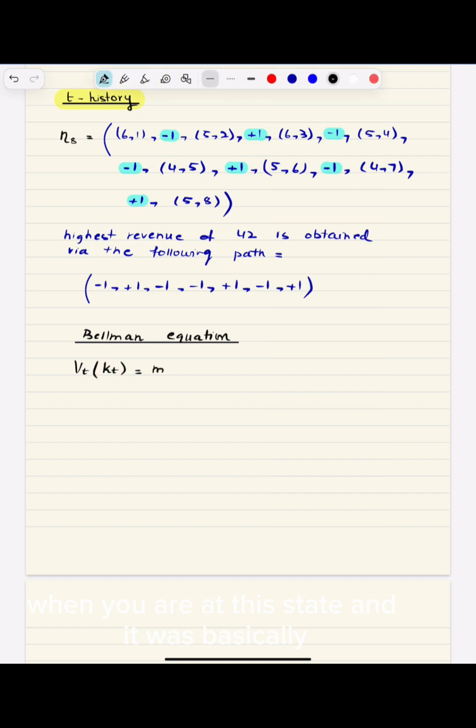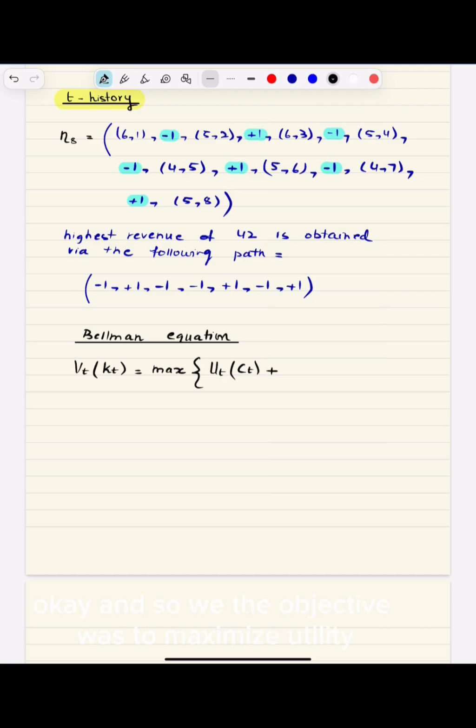It was basically that you wanted to maximize the objective function, which was the utility function, where the level of consumption was our control variable.